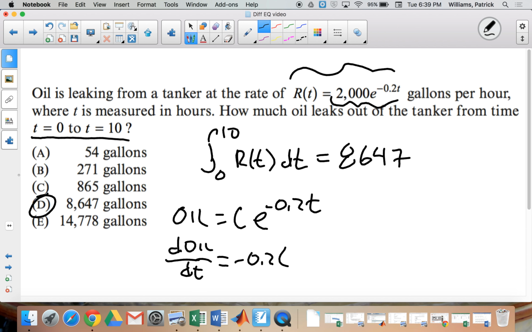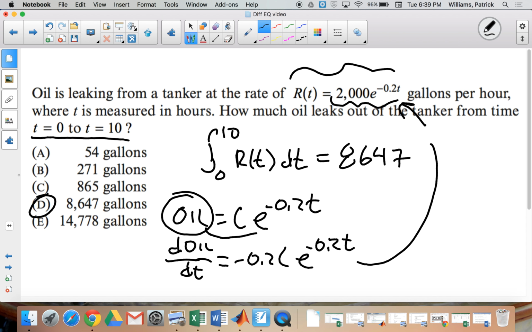And doesn't that look a lot like this equation right here? So this equation for r of t that they gave us is an exponential growth model because we can see our original function is present inside that rate of change. So therefore all we have to do is figure out what that constant c is.